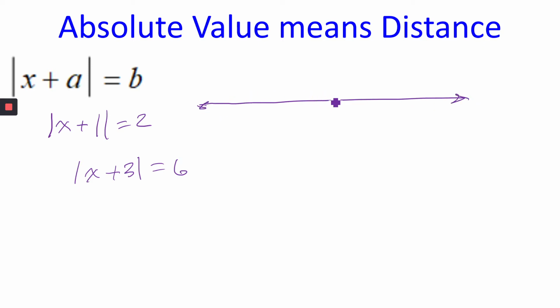So back in the beginning, we said the center here would be at negative A, and I would be going B to the left and B to the right, and I would end up at two different spots. I would have two solutions. So anytime I have an equation of this form, it's going to have two solutions. You don't even have to find the exact solutions. All you have to know is it's just going to be two dots here, and that's going to match up with most absolute value equations, where A and B are some positive numbers.